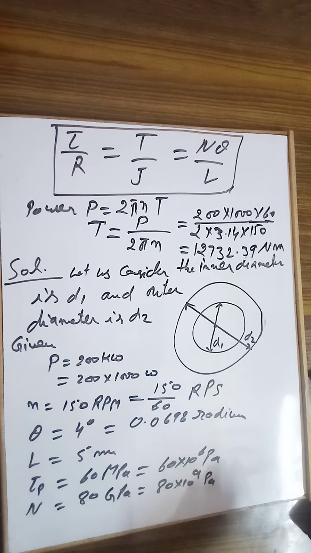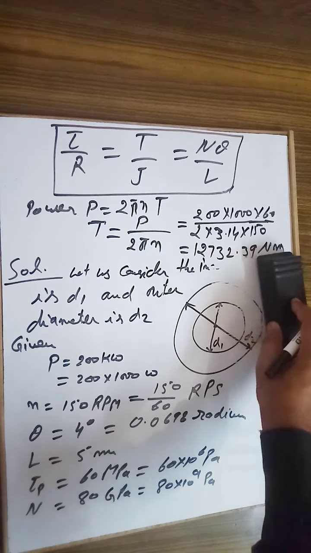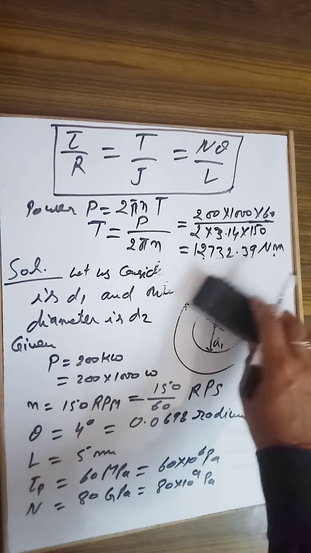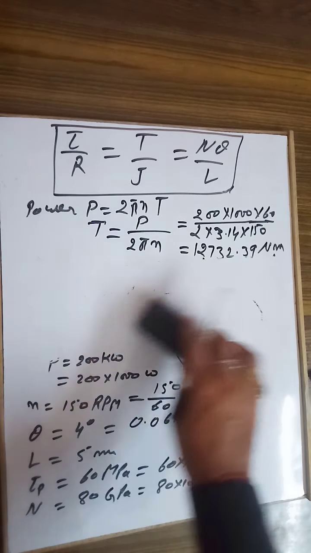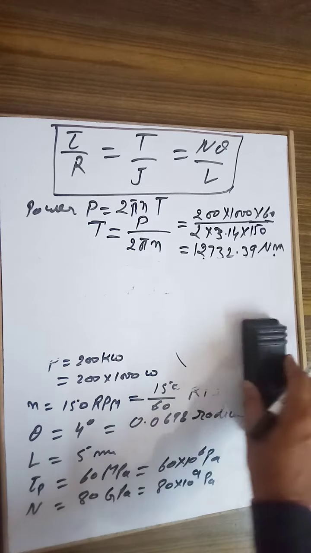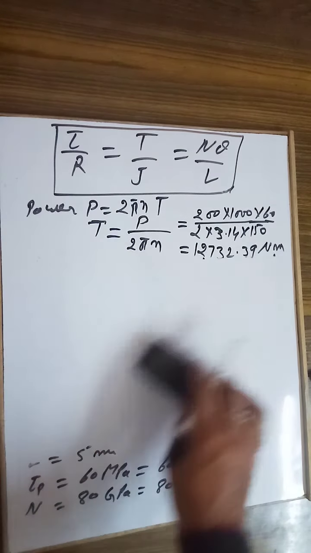So for the hollow shaft, let me erase these values to have some space on this whiteboard. So let me put these values. You need to remember them, or note them down from some previous slide.